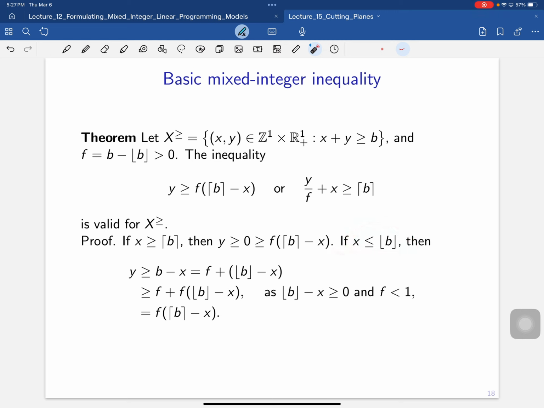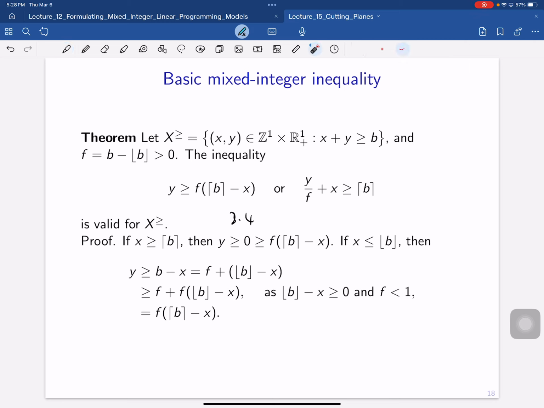So there are only two cases. Or in other words, this is like a disjunction. Let's say b equals 3.4, we can discuss two cases. Since x is an integer, x is either less than or equal to 3 or greater than or equal to 4. That's the two cases we are considering.